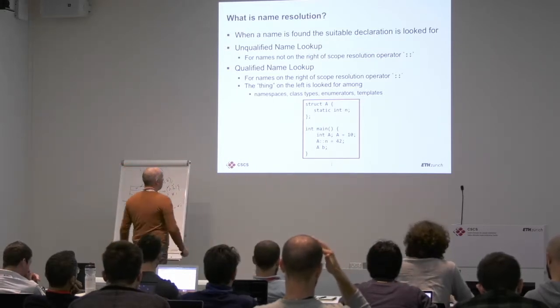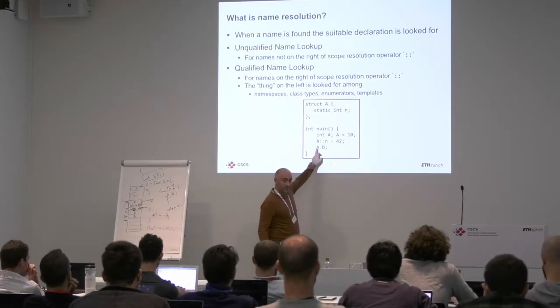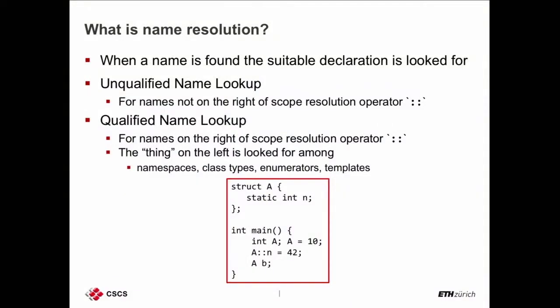The last one becomes an unqualified search for this guy, and this becomes problematic because now the compiler goes into the scope and says, what is A? A is a variable of integer. A B doesn't mean anything.